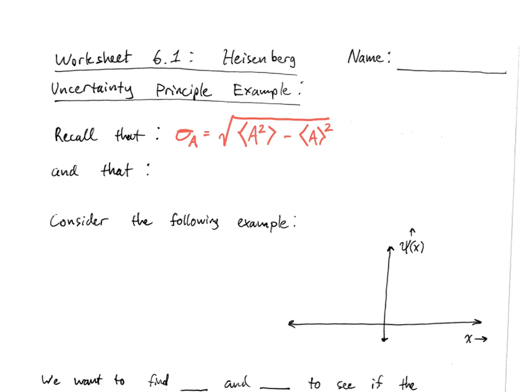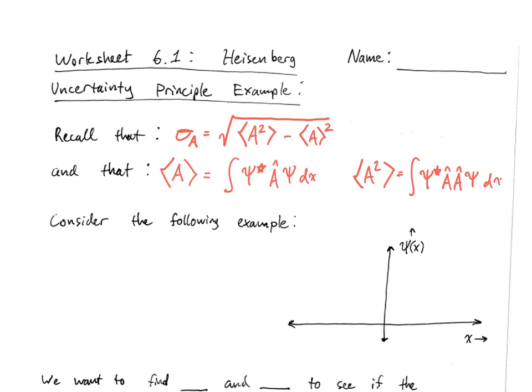All right, and remember that the average of A is going to be the integral of the complex conjugate of the wave function with the observable's operator in there times the wave function integrated over space. And that the average of the observable squared is the integral of the complex conjugate of the wave function, and then the operator acting on the operator again, on the wave function, dx, like that.